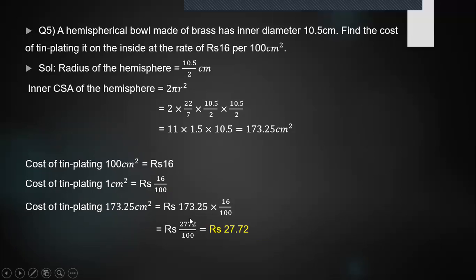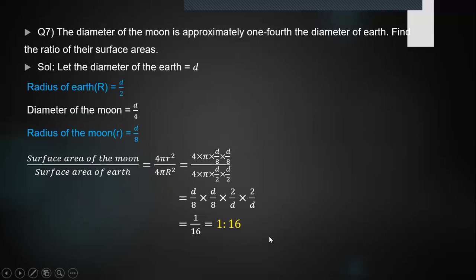And now it's very easy for me to put the decimal places. Over here, the number of zeros will indicate the position of the decimal, which is giving me 27 rupees 27.72.